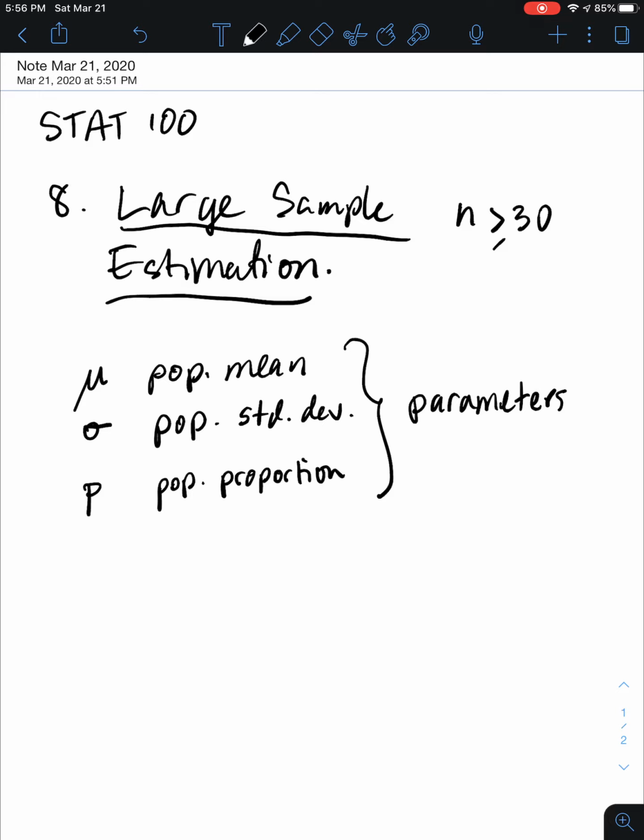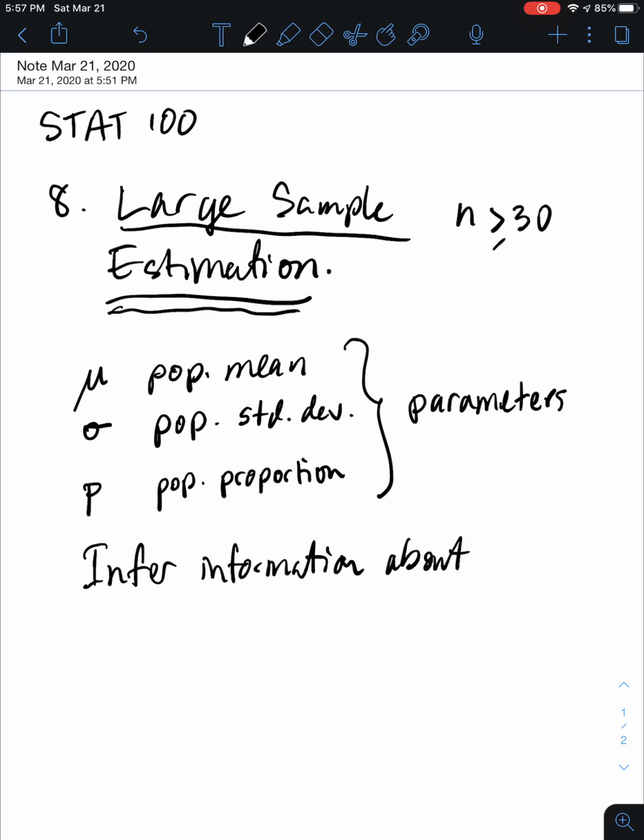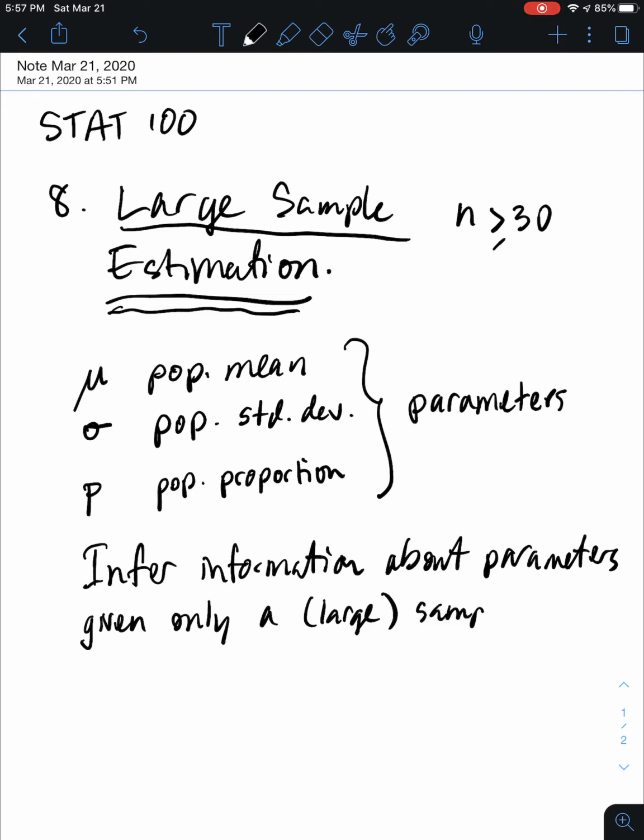So what I am going to do is to try to estimate those population parameters. And that is exactly what inferential statistics allows us to do. Inferential statistics allows us to infer information about parameters, given only information about a large sample.